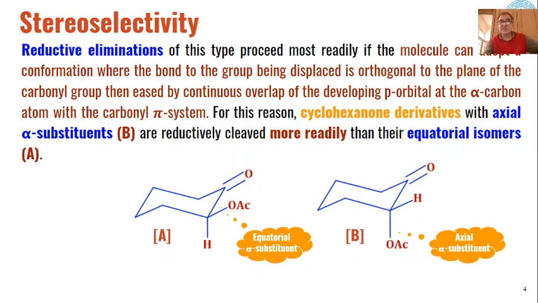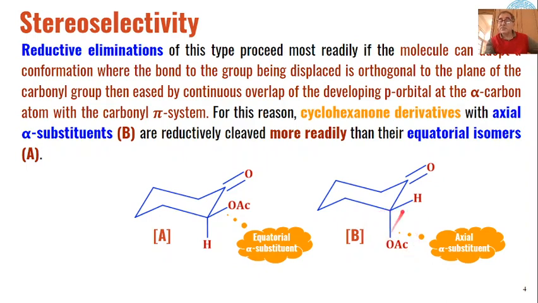In such molecules, for example, if the alpha position from the carbonyl is substituted by, say, an acetate group, then the conformation where the molecule will react more readily under Clemmensen reduction conditions is where the alpha substituent is in the axial position.